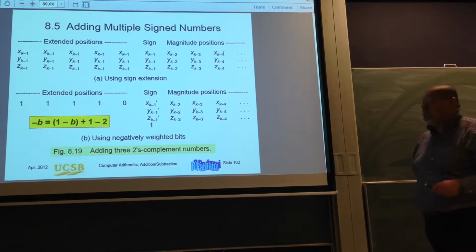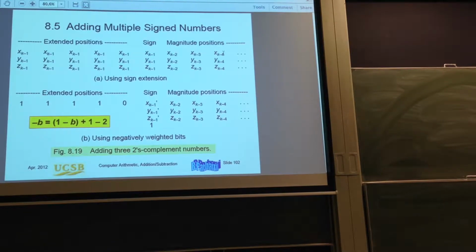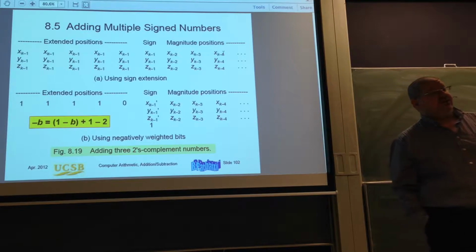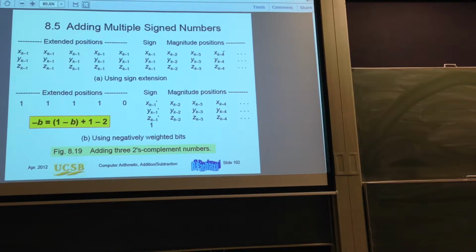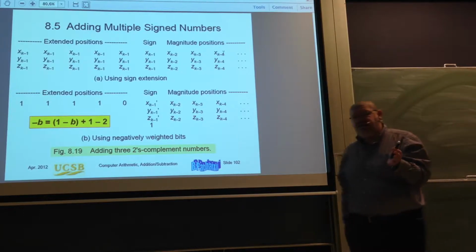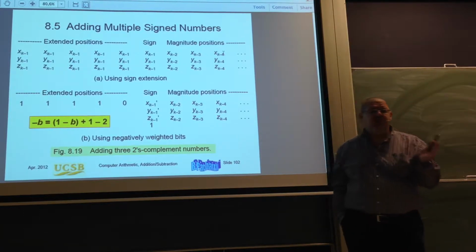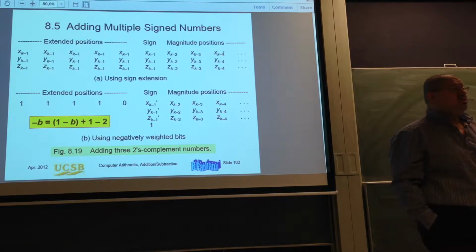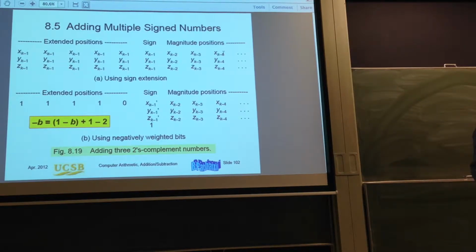Now, there is another problem when I do multi-operand addition. The problem is when my matrix is not really rectangular, and this problem is coming from the sign. We know that the most significant bit is carrying sign information. Doesn't really matter how we do it, 1's complement or 2's complement, that sign information is also contributing to the value.